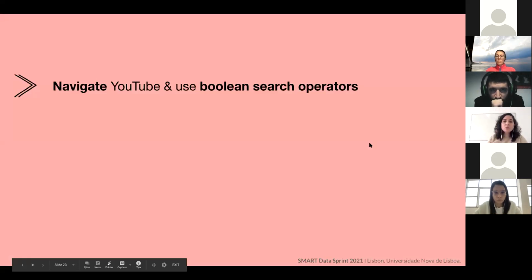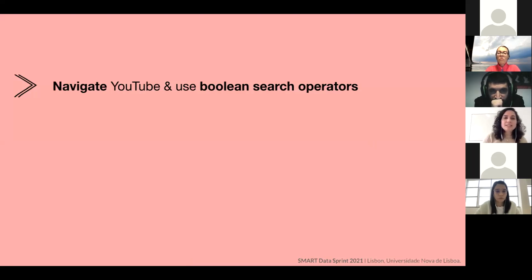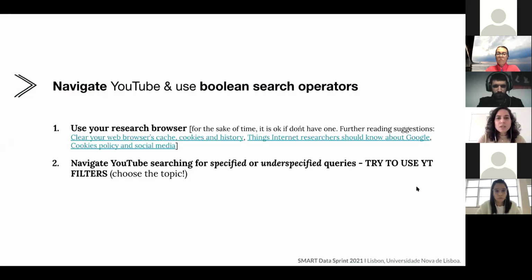So now let's go to do this exercise on navigating and using Boolean search operators. This exercise is quite fast. The best scenario would be if you have a research browser, but if you do not have one for now, it's fine for this practical lab to not create one now.